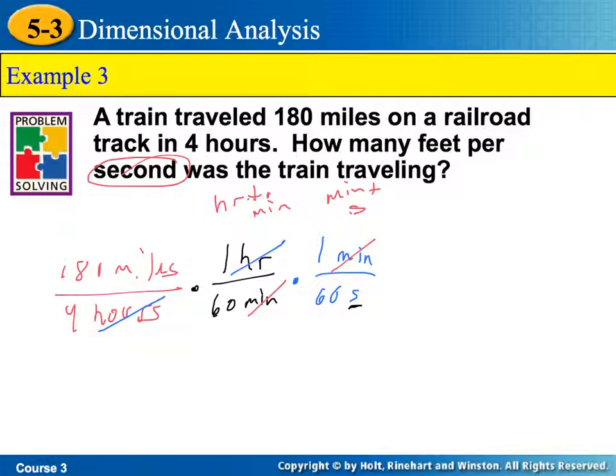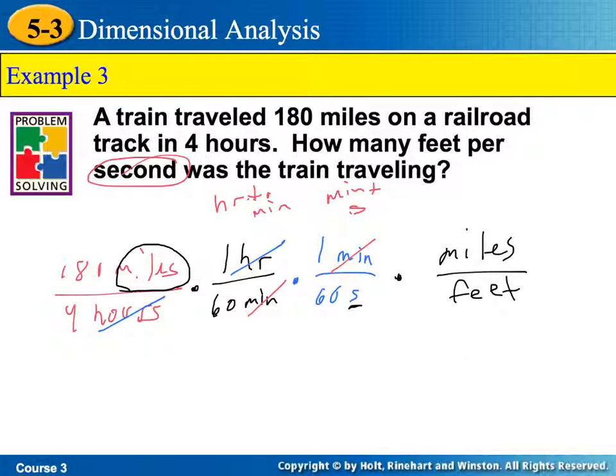Now I need to change my miles to feet. This is where it gets a little confusing, because you want to change miles into feet. But if I put miles on top and feet on bottom, notice I have miles on top over here, and I want to get rid of that.